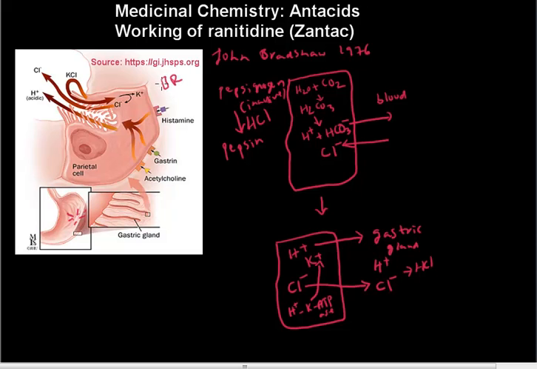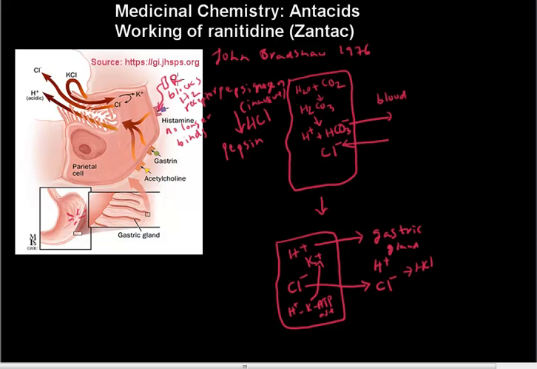So the ranitidine goes and basically blocks that site. It blocks the H2 receptor site, we call that H2 receptor. So ranitidine goes and blocks that H2 receptor site on the surface of the parietal cell. So the histamine can no longer bind to the parietal cell.